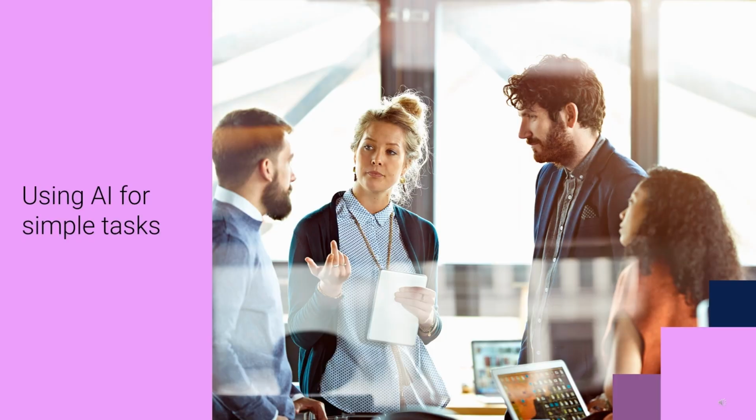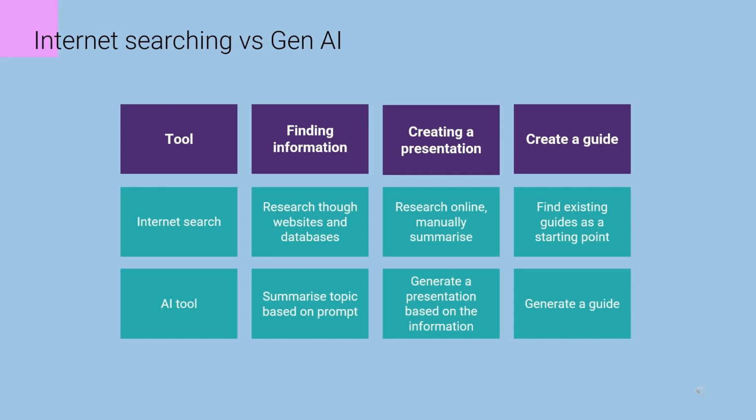In this segment, we're going to look at some practical examples which we could use. But firstly, we're going to have a quick look at using an AI tool to perform a task versus a traditional method. Let's think about how productivity can be improved when creating resources or content. Traditionally, we might use internet search engines like Google or Microsoft Edge to find content for a presentation.